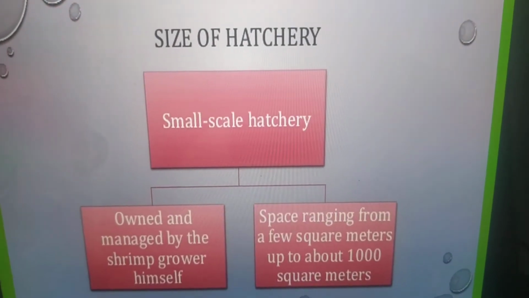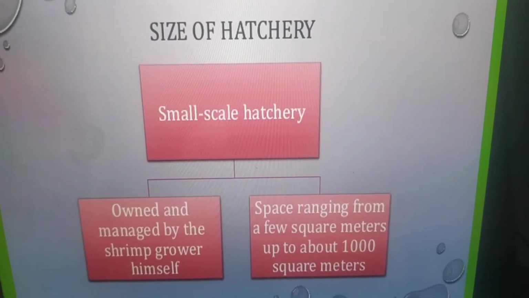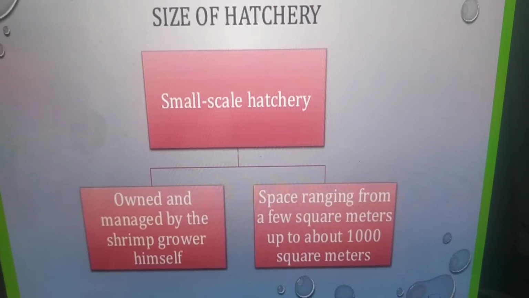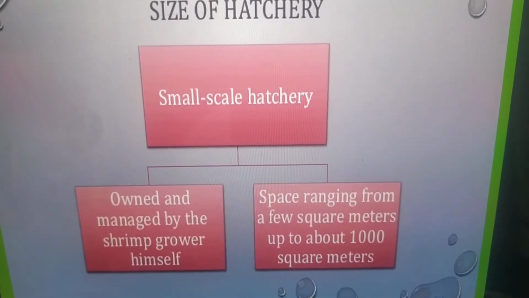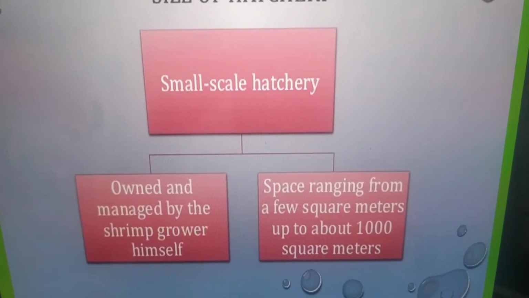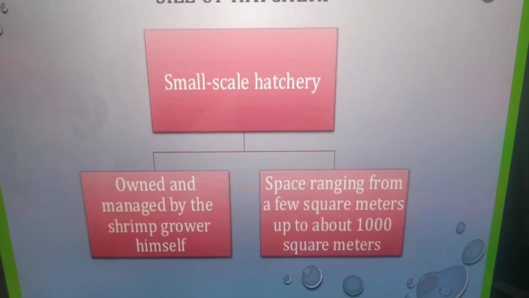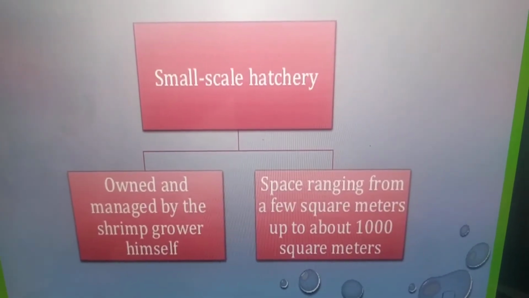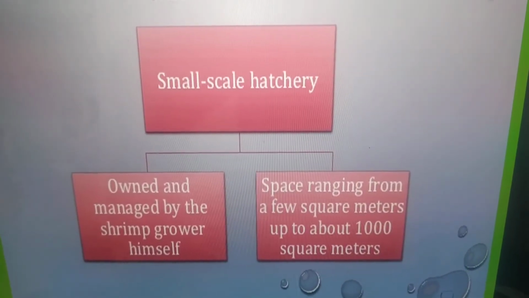Size of the hatchery: there are three types of hatchery, small scale, medium scale and bigger size hatchery. This is based on the production. The small hatchery is always owned and managed by the shrimp grower himself, with space ranging from a few square meters up to about 1,000 square meters.